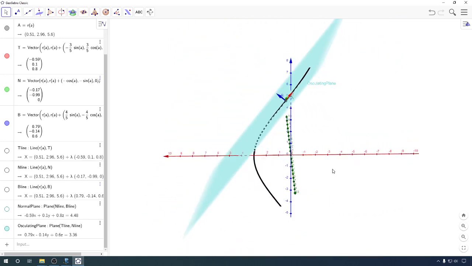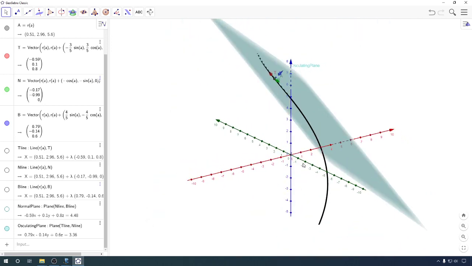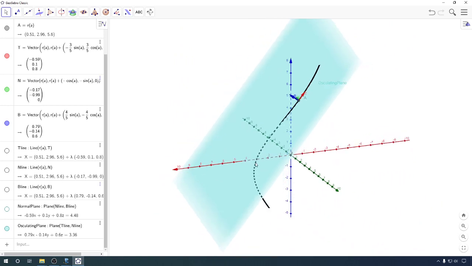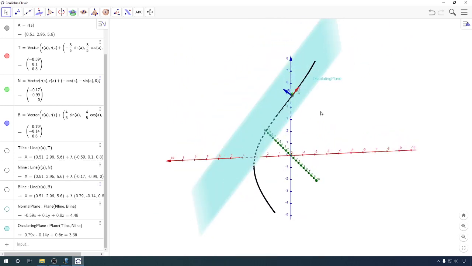So this plane, in a sense, really looks like it's following the curve pretty closely. Sort of like how, well, it does contain the tangent. It is kind of along the curve. But as you can kind of tell, as we go down, as our a value decreases, our curve ends up on one side of the plane, and as our a value increases, it ends up on the other side of the plane.